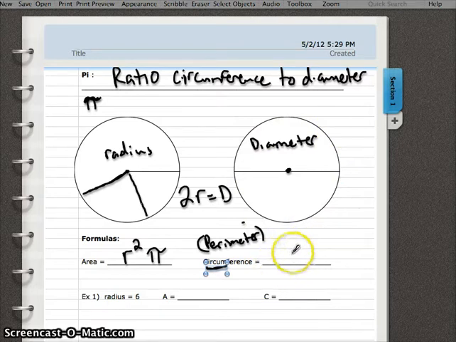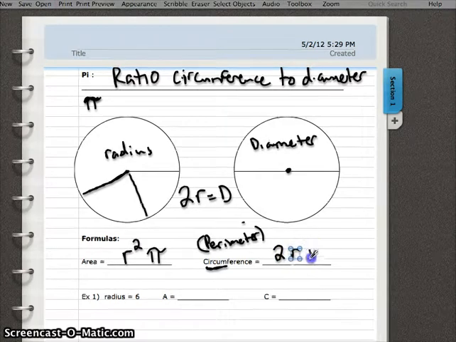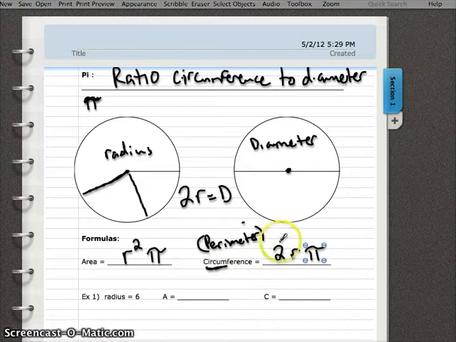To find that distance, you multiply 2 times the radius, and then multiply that by the value of pi. So be careful here. Multiplying by 2 is not the same as squaring. Squaring is where we multiply something by itself, and multiplying by 2 is doubling something, so not the same thing there. Be careful.